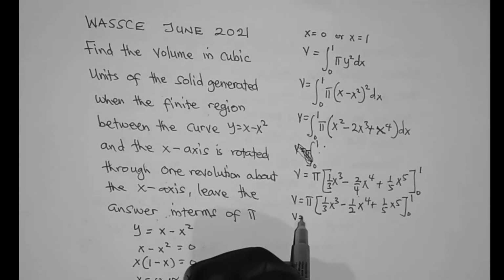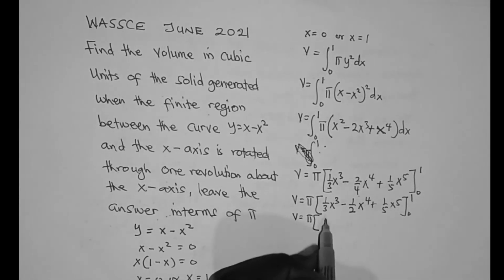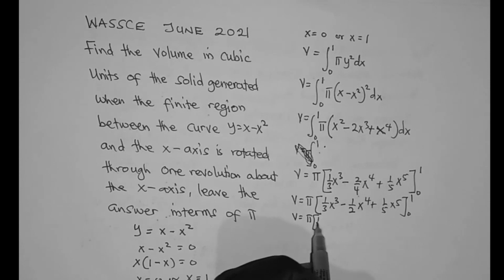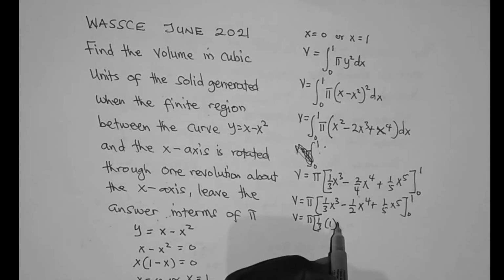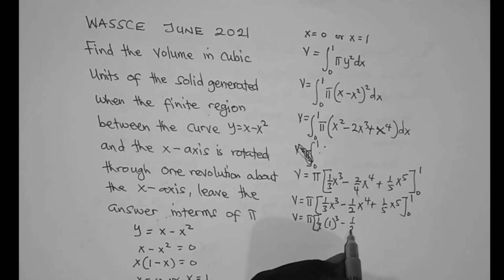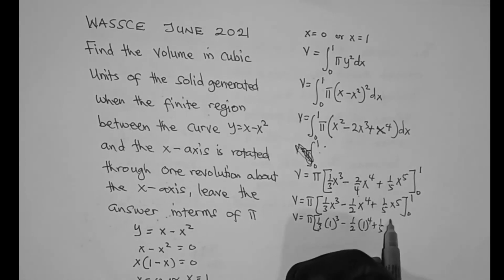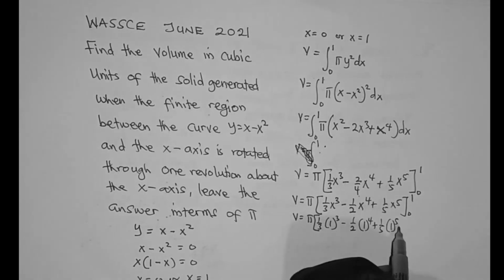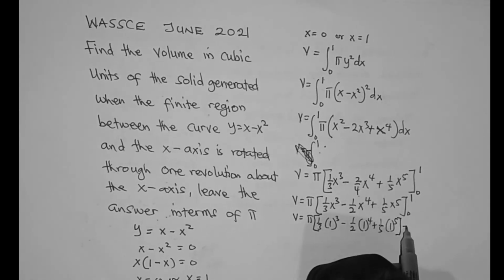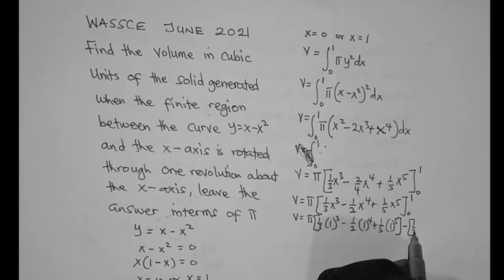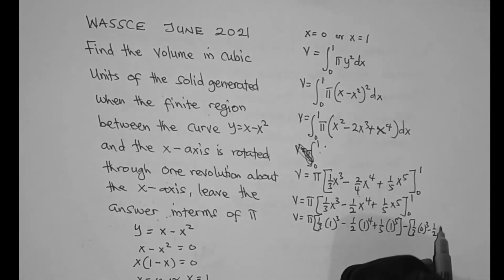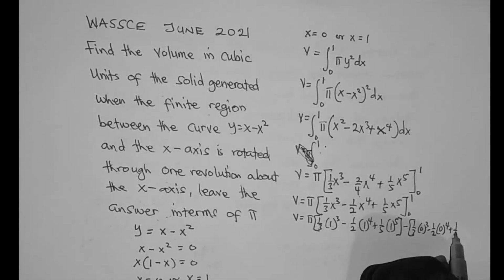The volume generated is equal to pi, 1 over 3 times 1 cubed minus 1 over 2 times 1 exponent 4 plus 1 over 5 times 1 exponent 5, minus 1 over 3 times 0 exponent 3 minus 1 over 2 times 0 exponent 4 plus 1 over 5 times 0 exponent 5.